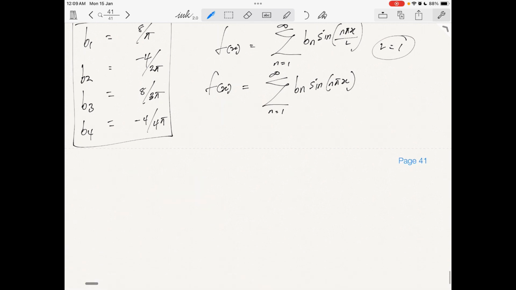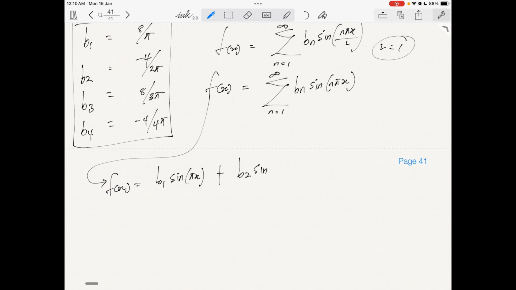So therefore, we can say that f of x is equal to b1 sine pi x plus b2 sine 2 pi x plus b3 sine 3 pi x plus b4 sine 4 pi x.